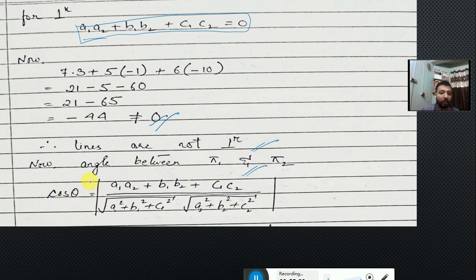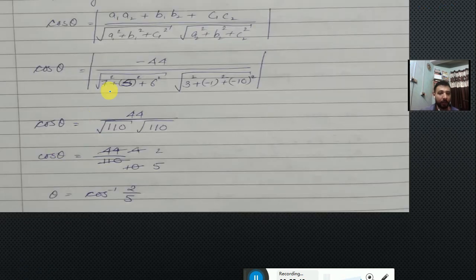Okay, so cos theta, this is the Cartesian form which I am taking: a1 i cap plus b1 j cap plus c1 k cap, dotted with a2 i cap plus b2 j cap plus c2 k cap, right? So if you take the dot product, you will get this, and divided by the modulus of this, you will get the answer. So this is how you solve it. You get the answer easily if you pause and copy.